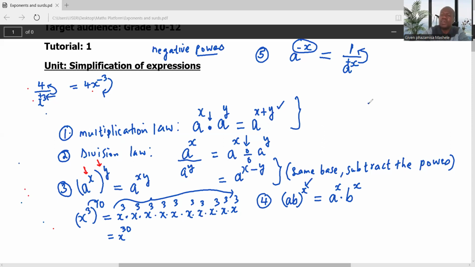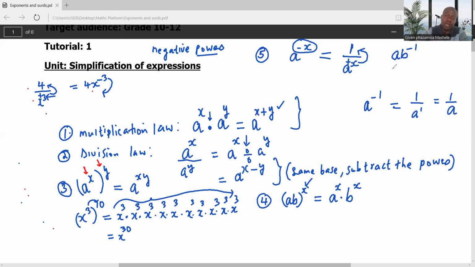Right, let's say we have another one. Let's say we have a raised to the power minus 1. This will be the same as 1 divided by a raised to the power of 1, which is just 1 over a. But how about if we have a times b raised to the power minus 1?